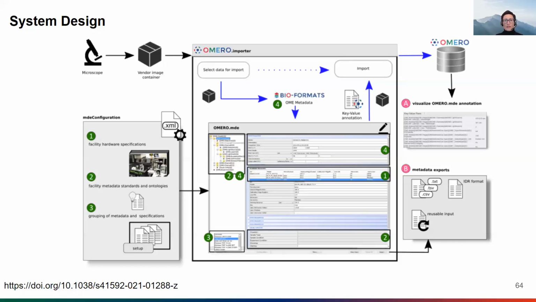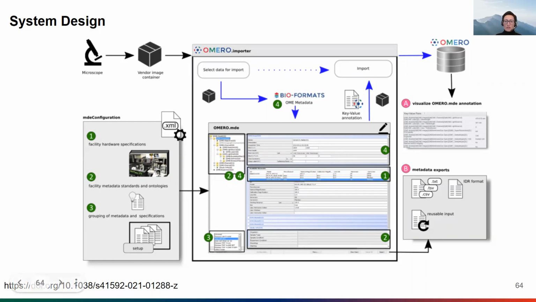The components like the metadata structure and the metadata input forms of the OME-MDE can, as I mentioned, be customized by means of a configuration file. And OME-MDE then stores the collected metadata as key-value pairs in the OMERO database, associated with the images in the repository.